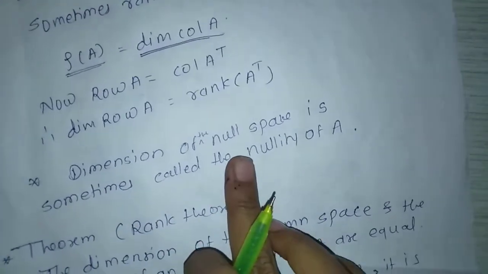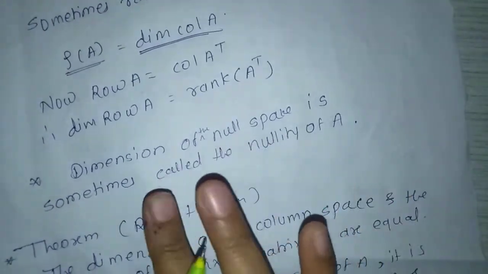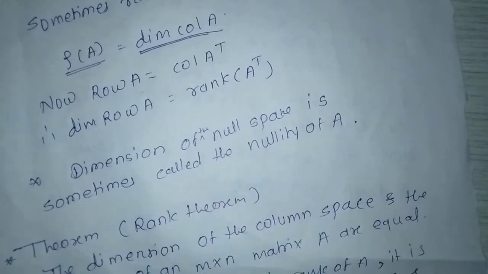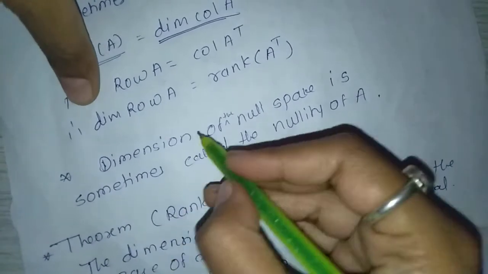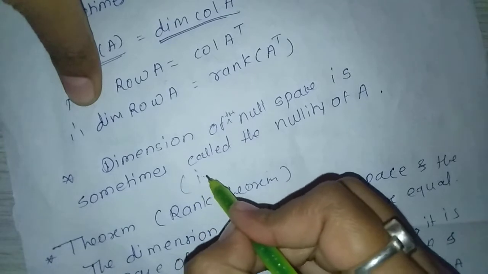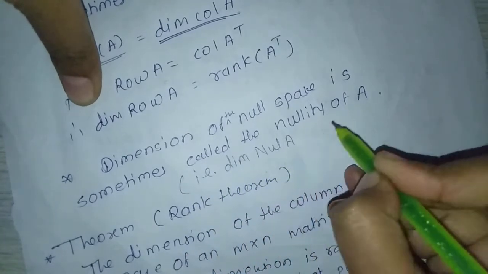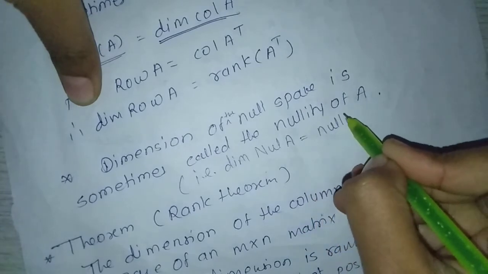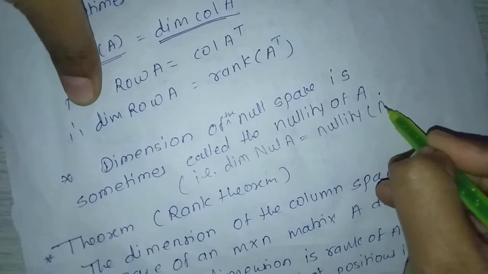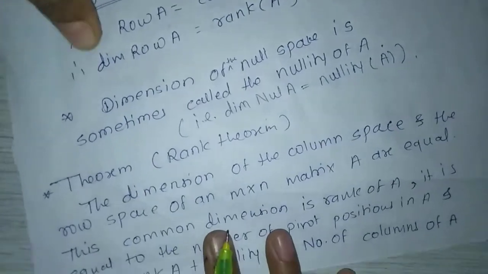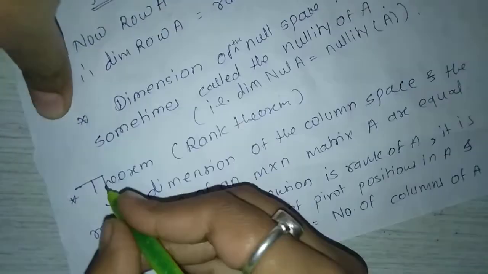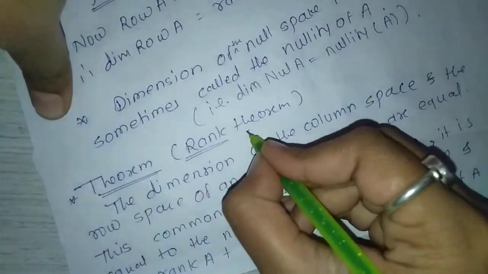Next remark. The dimension of the null space of A is sometimes called the nullity of A. Dimension of null space of A equals nullity of A. Next theorem, rank theorem. This is also important.